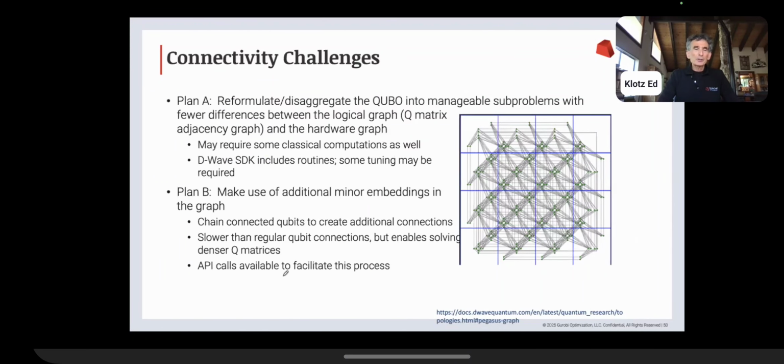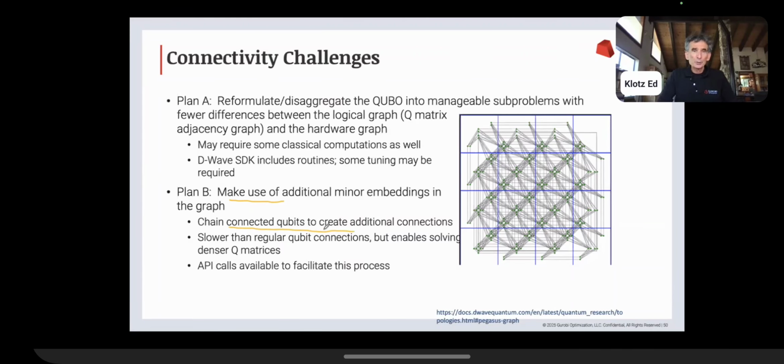All right, so we've got 2 plans here. The first is we're going to reformulate our QUBO into manageable subproblems with fewer differences between the logical graph and the hardware graph. The second, although it typically needs to be done in the first case as well, is to do additional minor embeddings in the graph where we basically connect qubits to create additional connections.